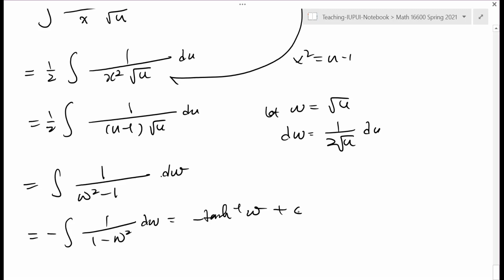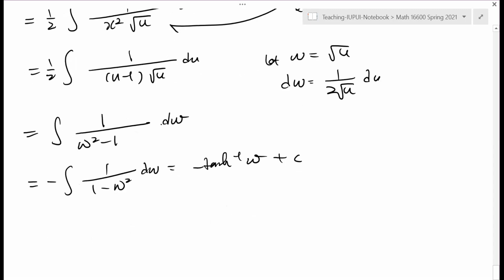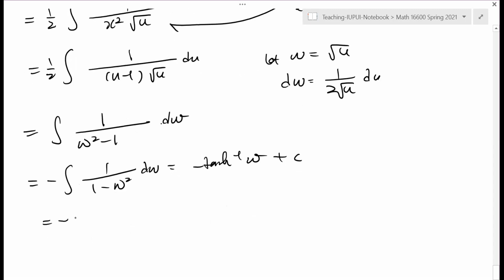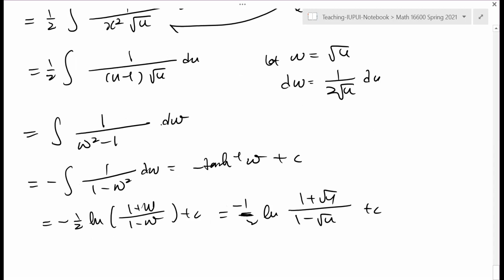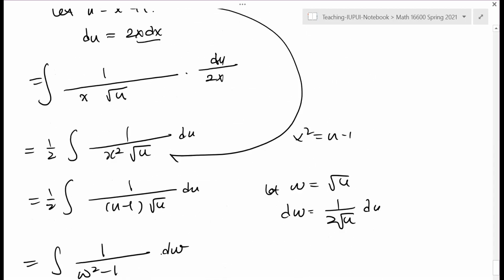But this is also given by another formula, negative one half log of 1 plus w over 1 minus w. So you have to put w back. What is w? W is the square root of u, so 1 plus square root of u over 1 minus square root of u. And what is u? U is x squared plus 1.